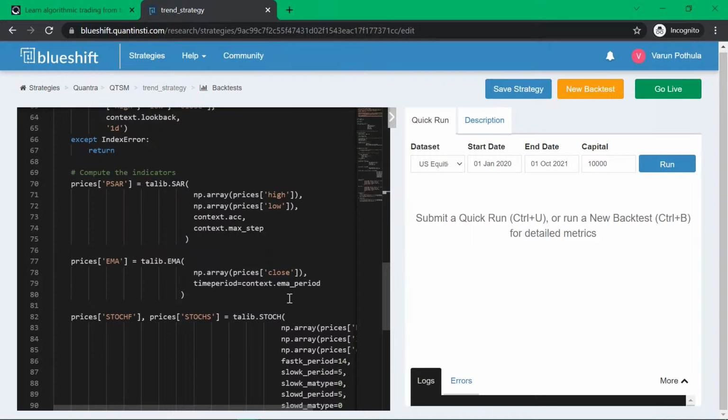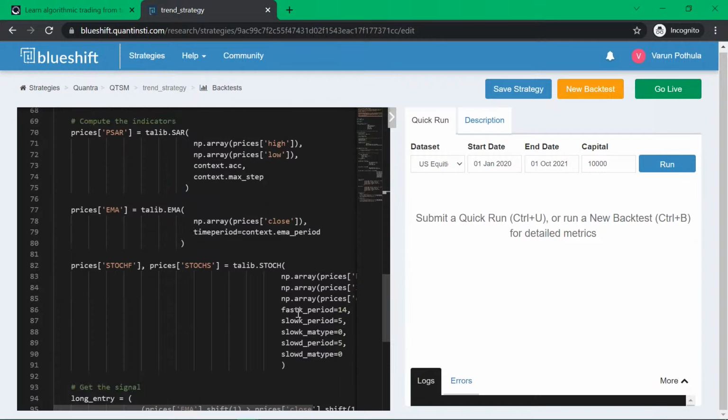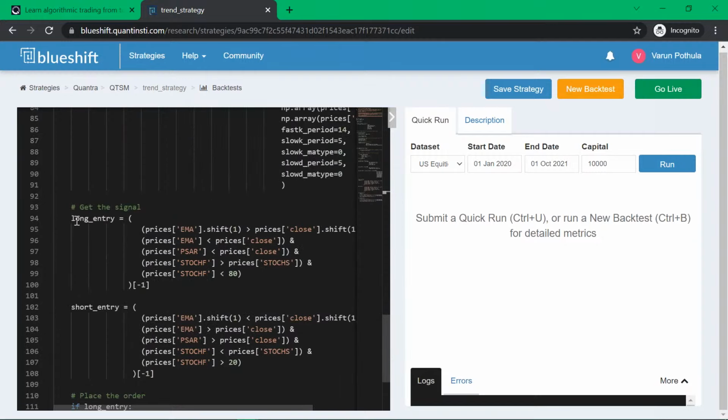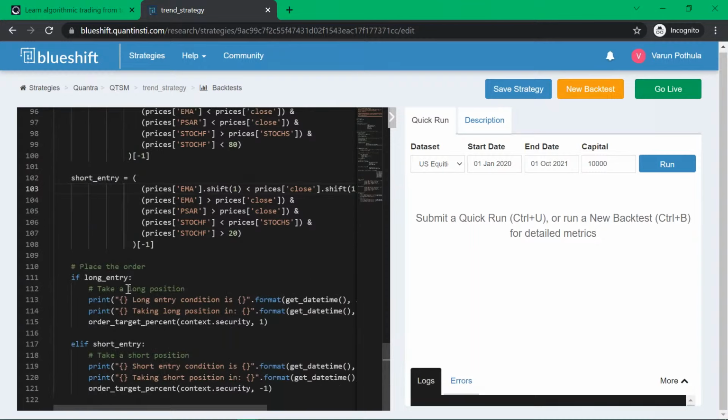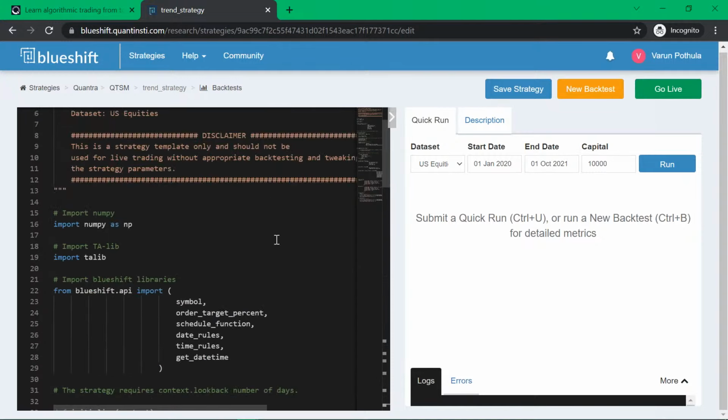Once you define your technical analysis indicators, you can define your trading rules to go long and to go short. And once the trading rules are defined, you can write the code to take orders. For example, if the long condition is met, we're going to go ahead and take a buy position. Similarly, if the short condition is met, we're going to go ahead and take a short position. So let's test this algorithm.